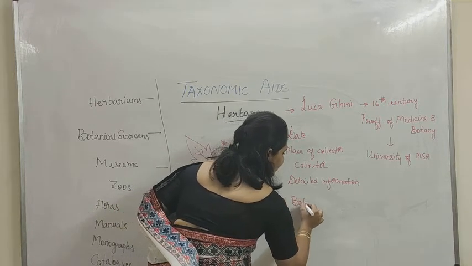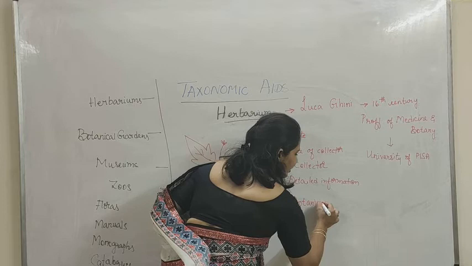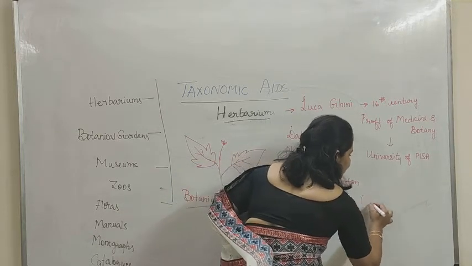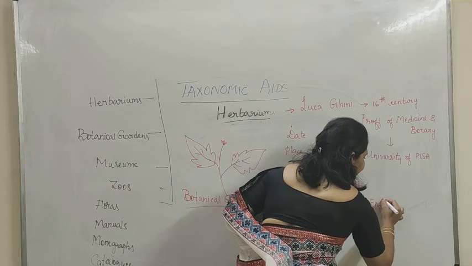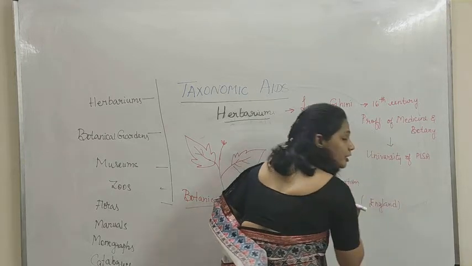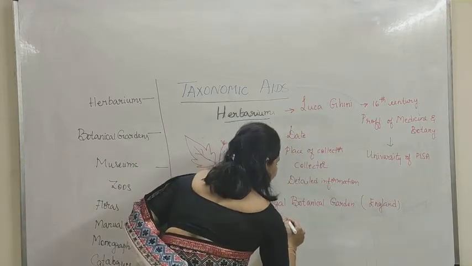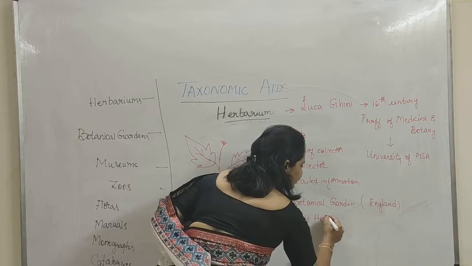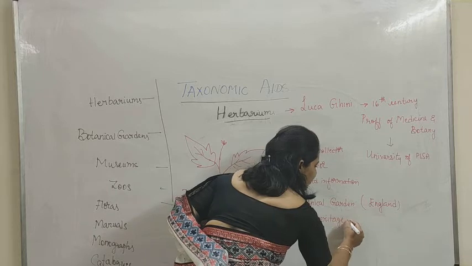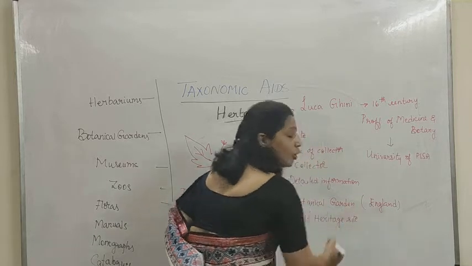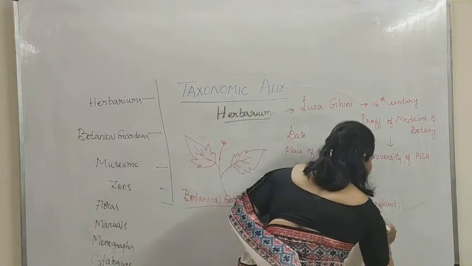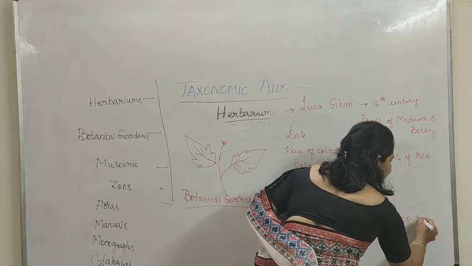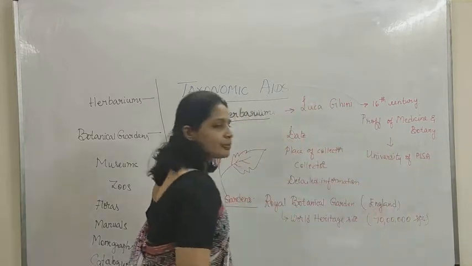The largest is the Royal Botanical Garden, which is there in England. It is also called a World Heritage Site, because it maintains about 70 lakh species of specimens.